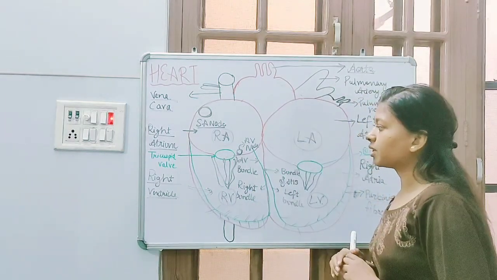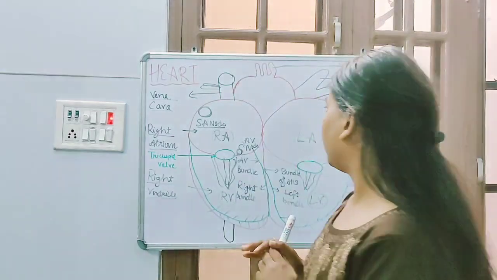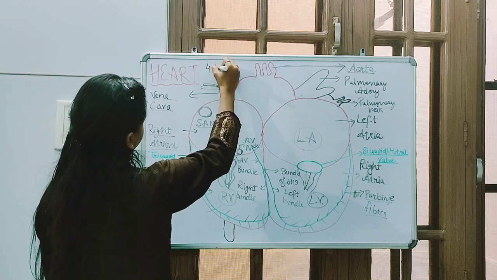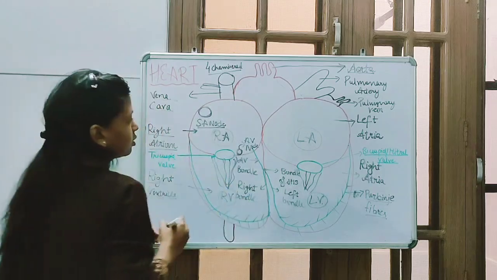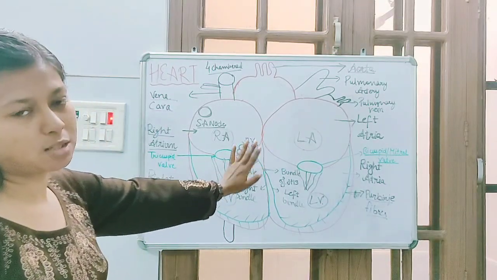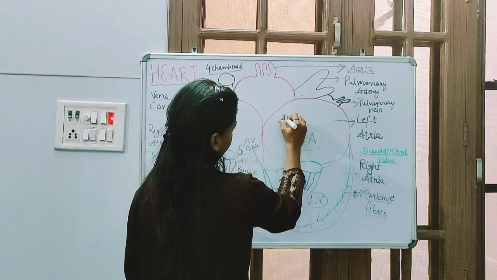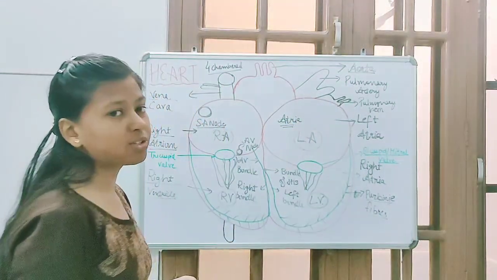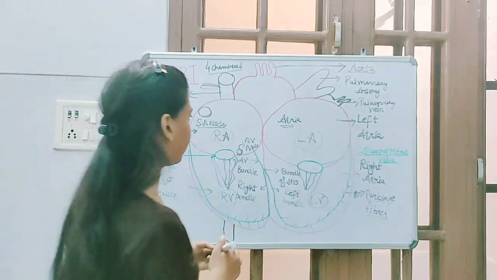The human heart is made up of four chambers. The upper two chambers are called atria. The upper two atria chambers are small compared to the ventricles.